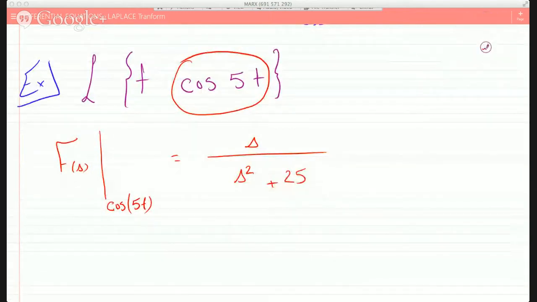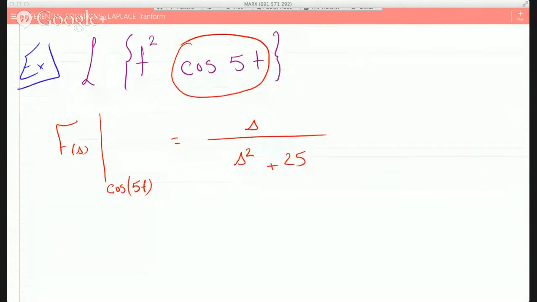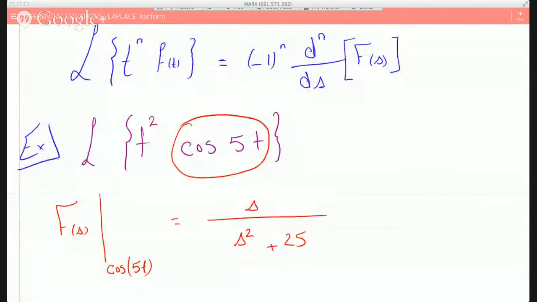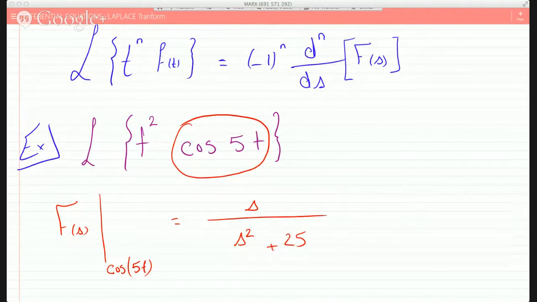Let's just say that this was t squared instead of t to the 5. So what this theorem enables you to do, it says, okay, take the Laplace of that, right? And in this case, of course, your n equals 2.